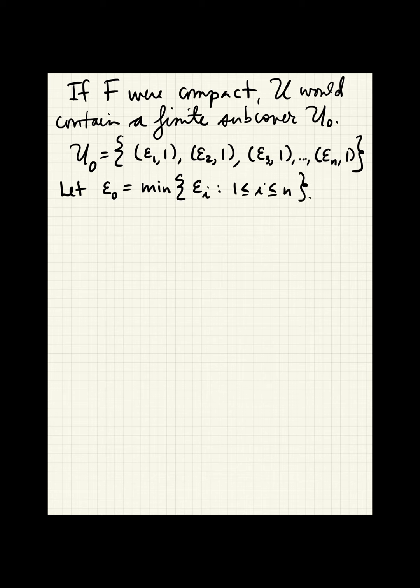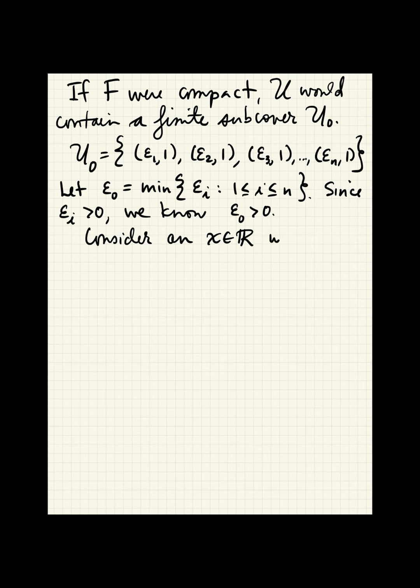Since all these epsilon i's are greater than 0, we know epsilon naught is also greater than 0. So consider a real number x that's between 0 and epsilon naught.